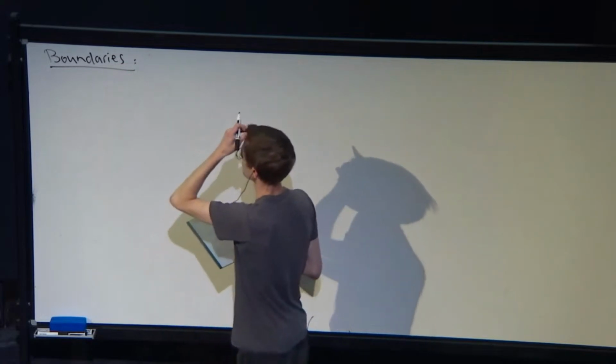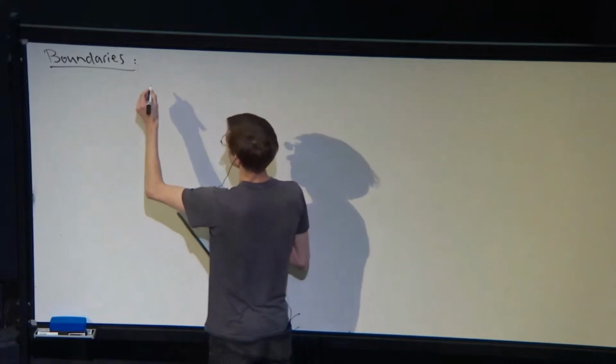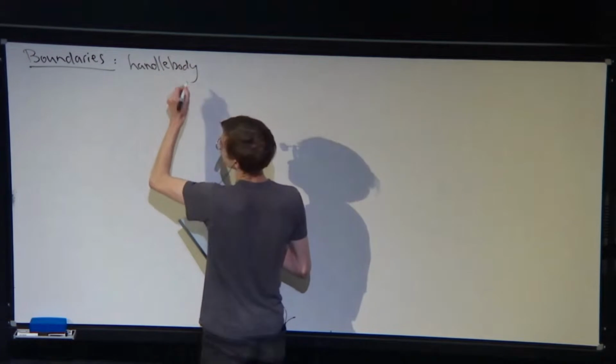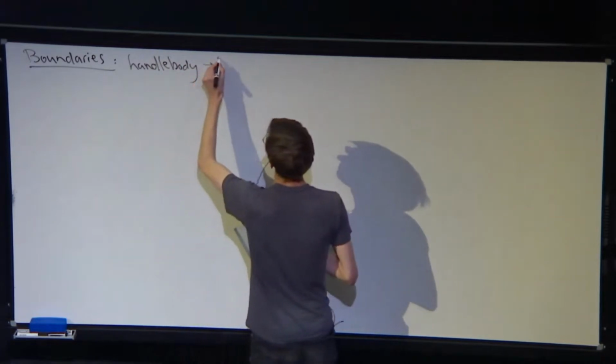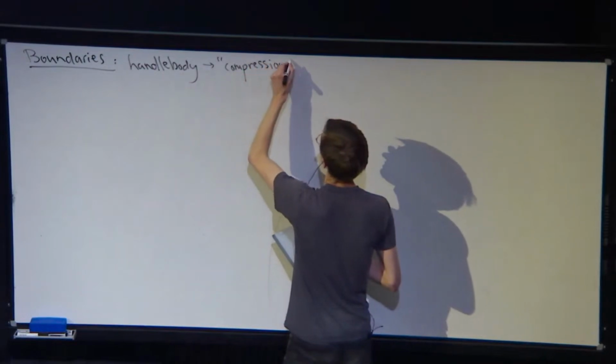So in the case of asymptotic boundaries, which after all is our main interest in holography, you replace the handle bodies in the preceding discussion with what's known as a compression body. I'll describe what that is in just a second.